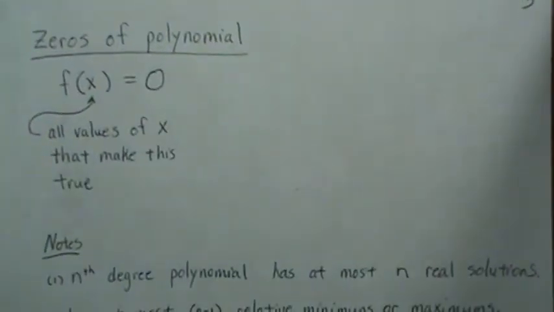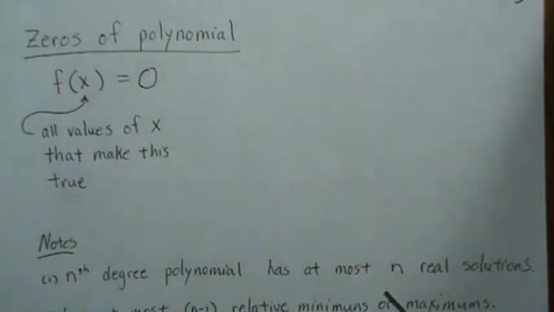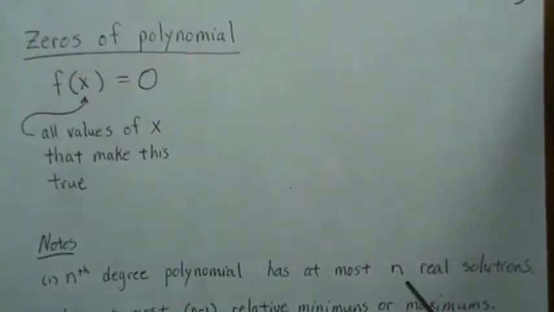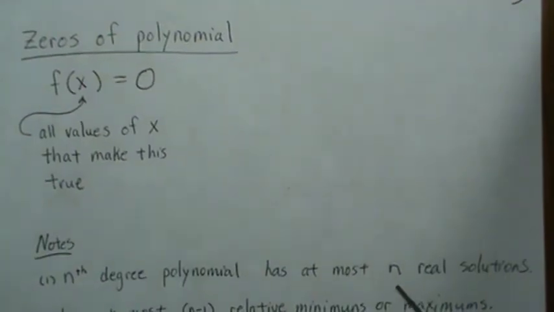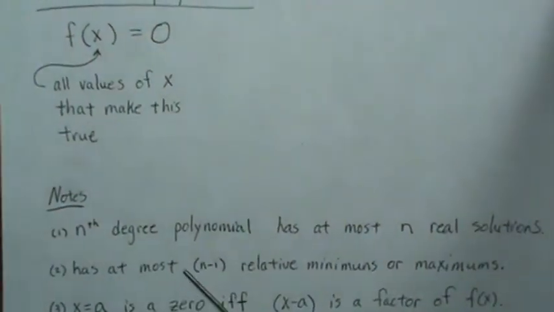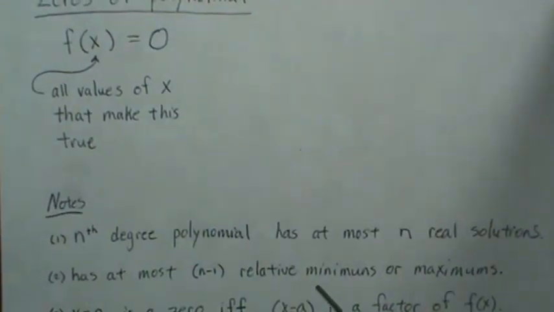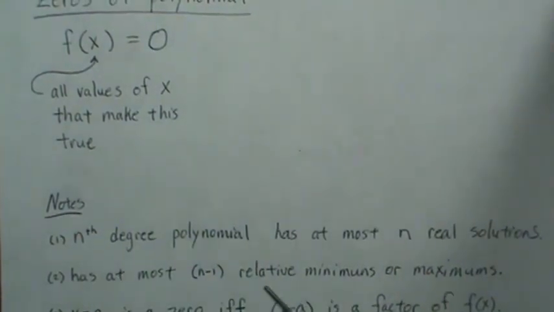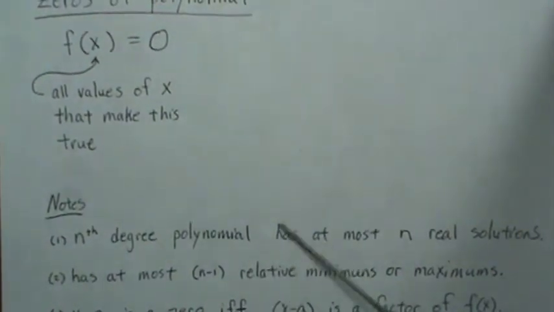So a few notes. The nth degree polynomial has at most n real solutions, meaning it crosses the x-axis at most n times. And it has at most n minus 1 relative minimums or maximums, so relative extrema. Another way to say that is humps.